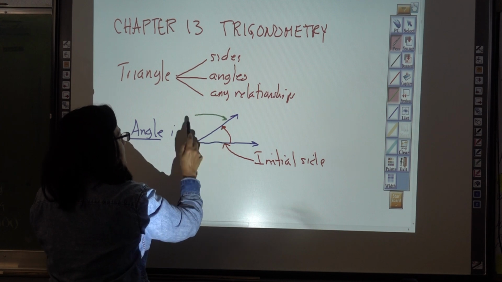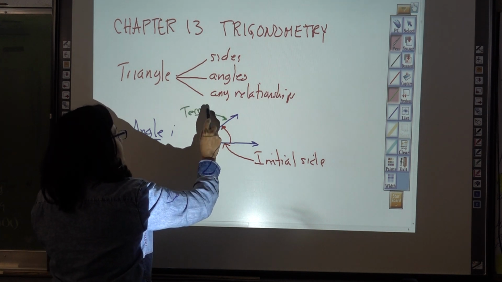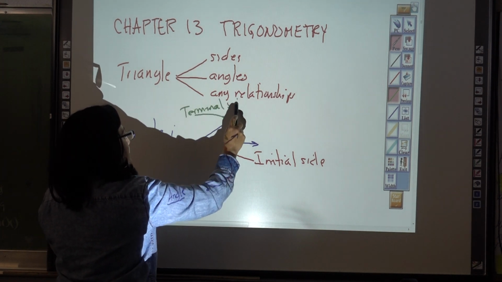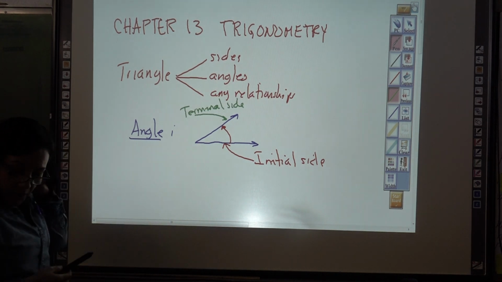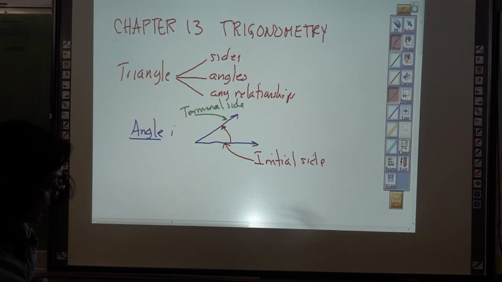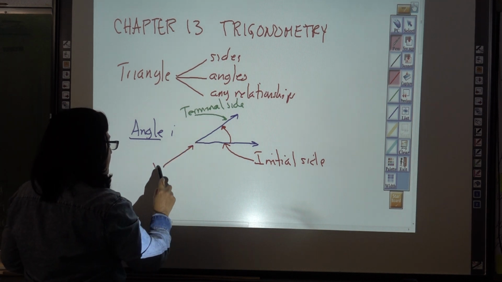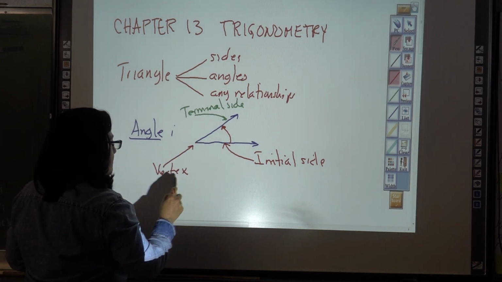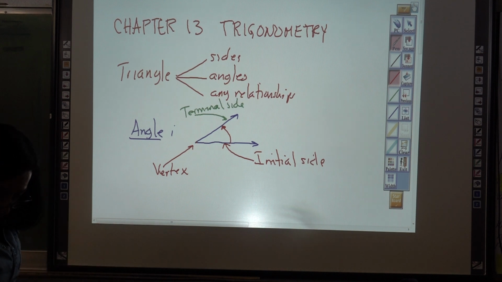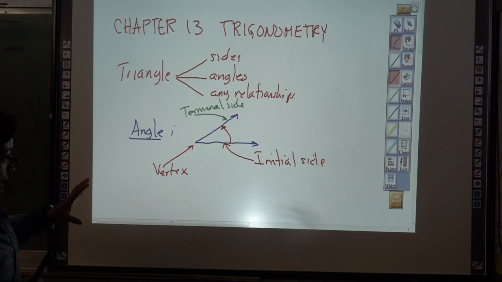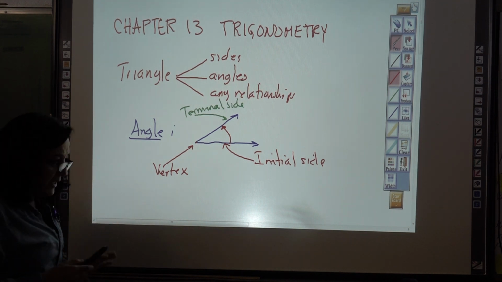This one right there is the terminal side of the angle. Okay? And this point right here is the vertex of the angle.